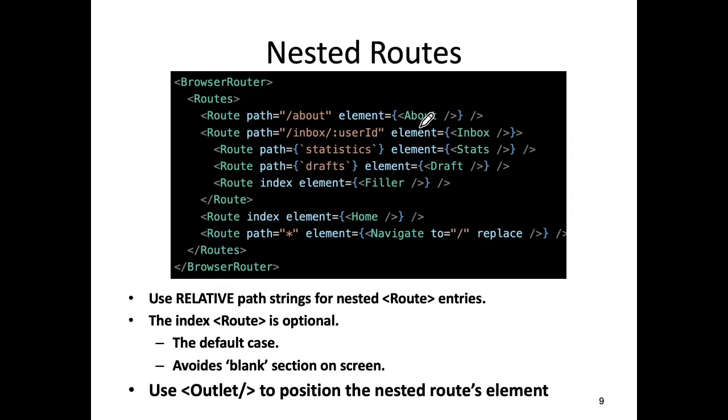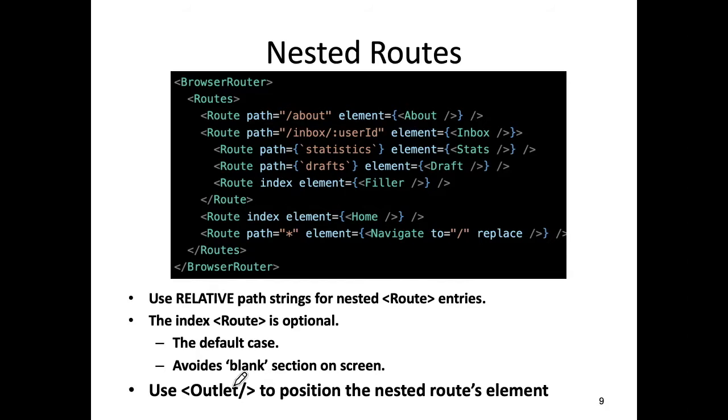Now, the question then is, where within the inbox component should we kind of attach these child components? And that is expressed by a special component called the outlet component provided by the React Router library. So I think this is what the sample is.